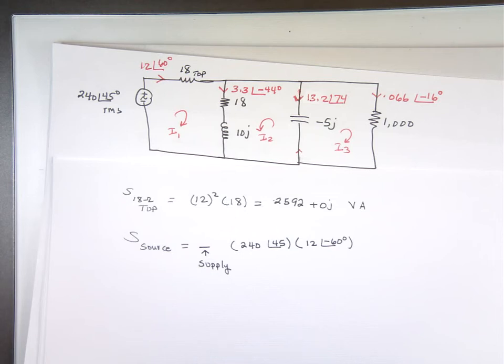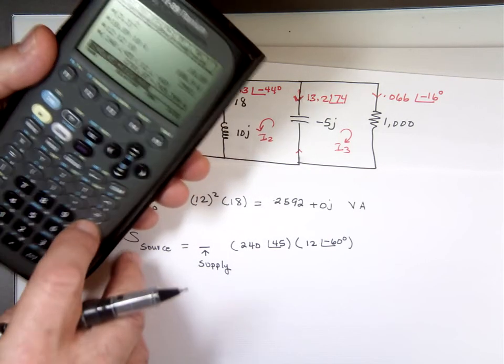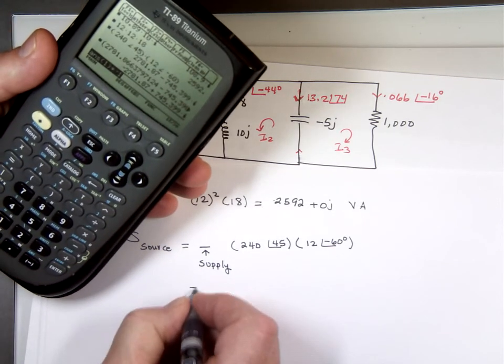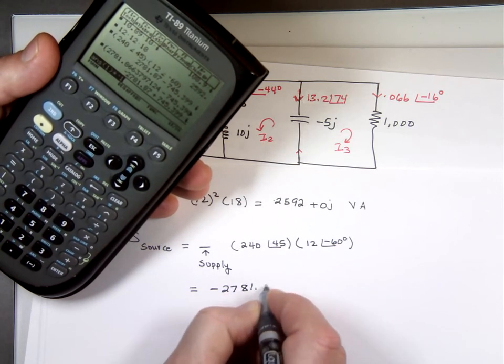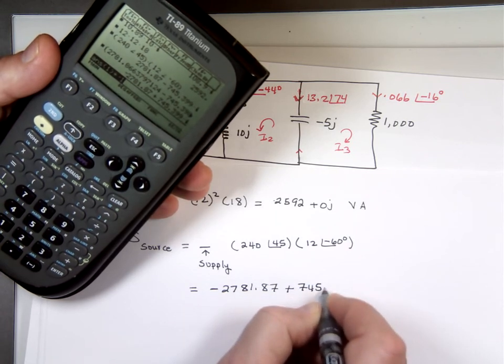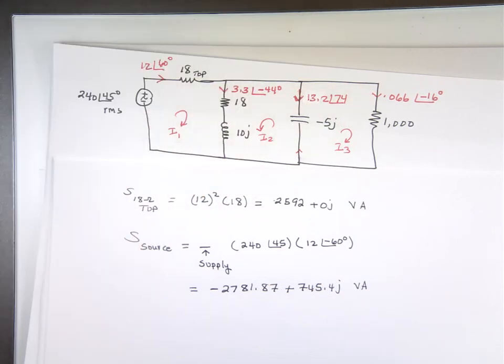The source actually is going to supply, and I forgot to put the minus sign to indicate supplying. I came up with an answer of negative 2781.87 plus 745.4J VA. So now we found the complex power supplied or absorbed by each one. This one actually supplied power, the rest of them took power.